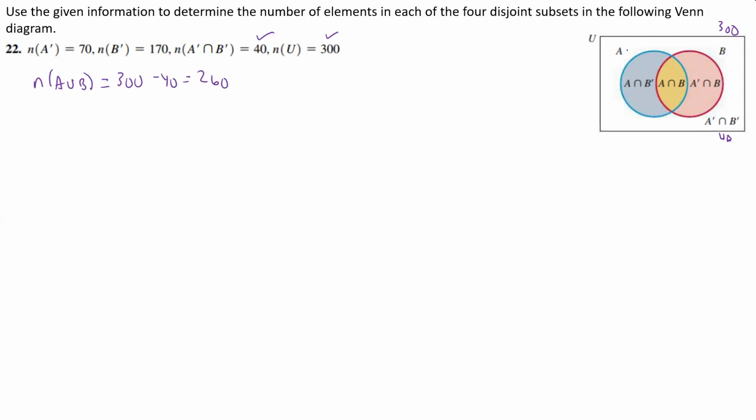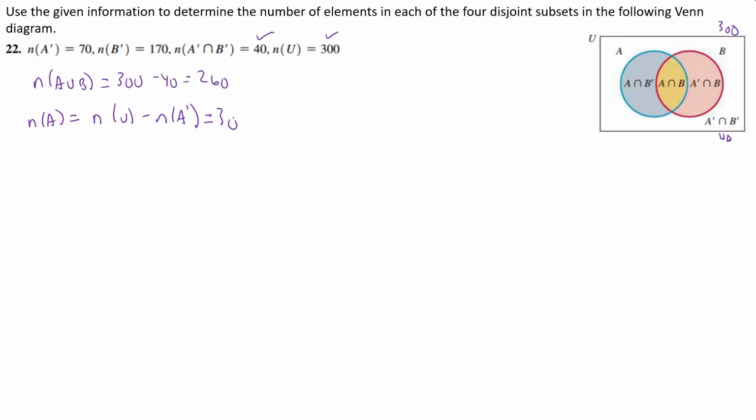All right. I think the next thing we can do is try to figure out what this intersection is. So what do we know? Well, if we know not A is 170, then what could we do about A? Well, n of A is going to be the n of the whole thing, U, minus n of A complement.